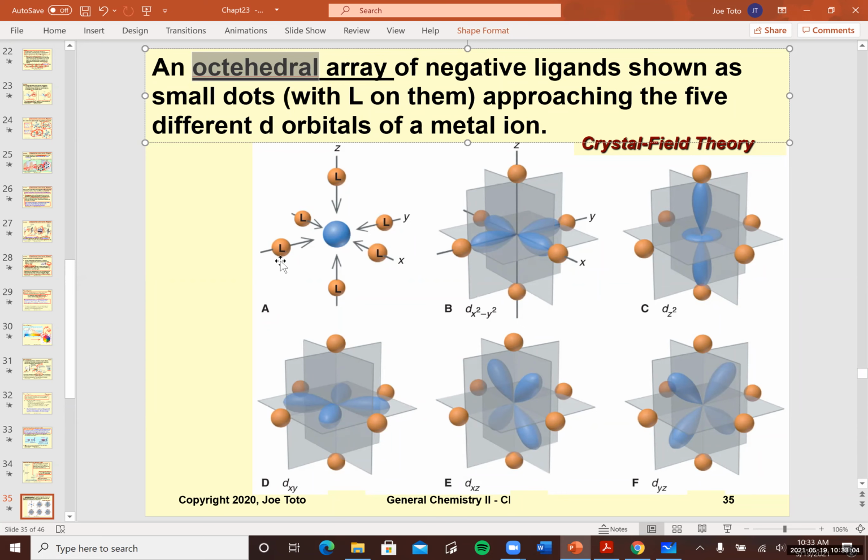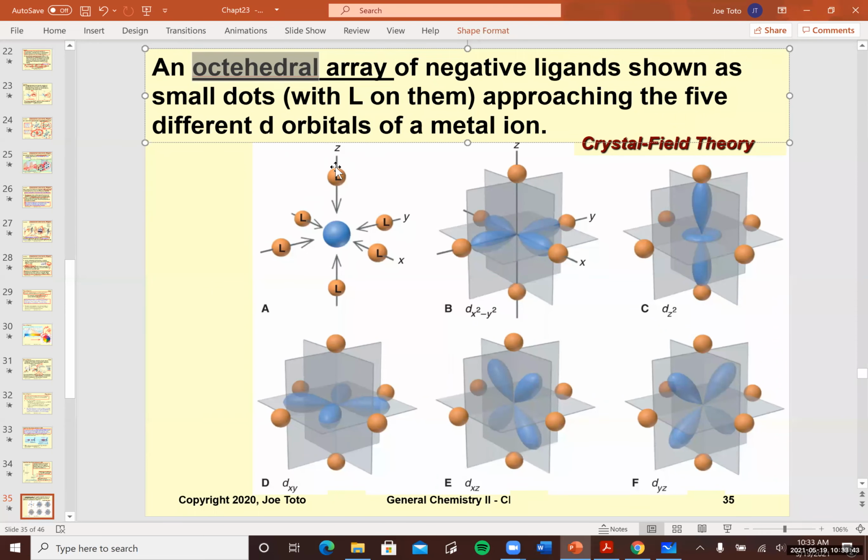So you can think of this as players on a baseball team, but here it's 6 players, closer to a basketball team. So I have 1, 2, 3, 4, 5, 6 ligands approaching this central metal along the Cartesian coordinates of plus x here and minus x over here, plus z up here, and minus z, y, and minus y.